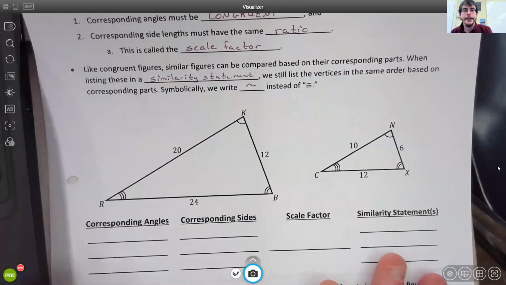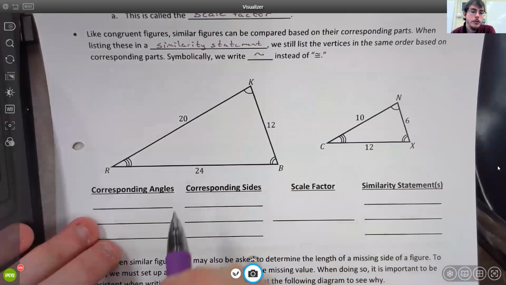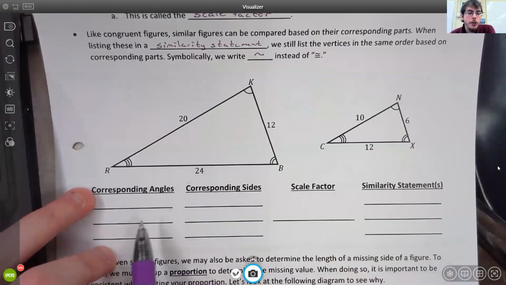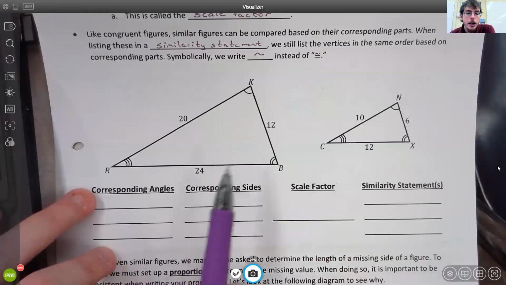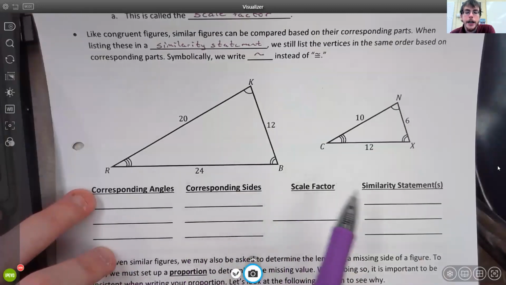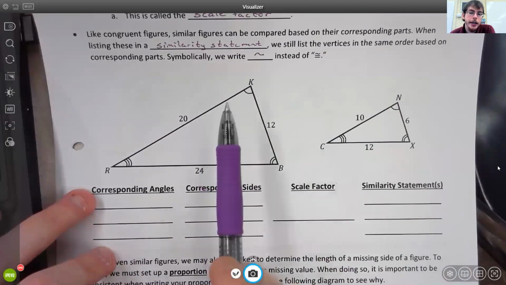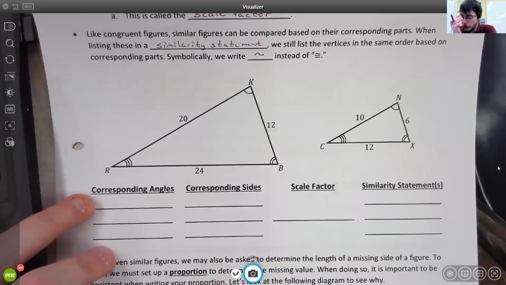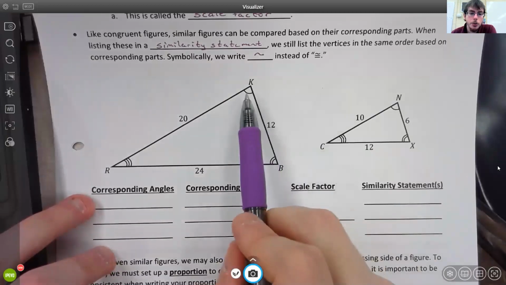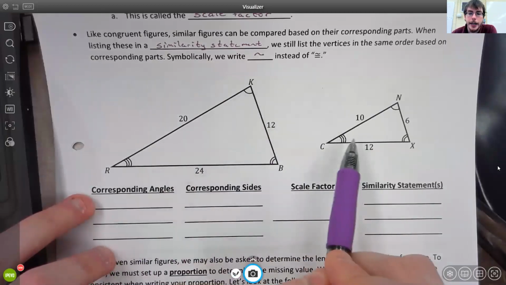So let's look at this diagram here. We have corresponding angles and corresponding sides. We want to find the scale factor and we want to write some similarity statements. To start out, we can see our corresponding angles have markings in our diagram.